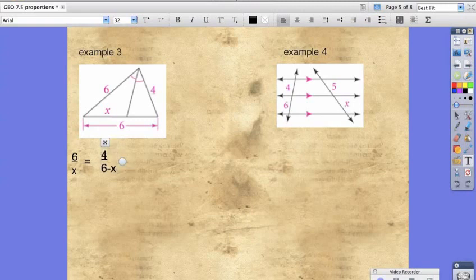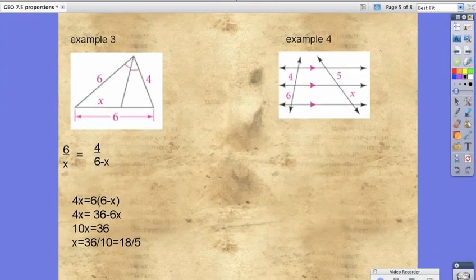Because notice we want just the right side, and the right side is whatever's left over once you subtract x from 6. So we're going to take the cross product again. So 4x is equal to 6 times the quantity 6 minus x. 4x equals 36 minus 6x. We get 10x equals 36, and x equals 36/10, or 18/5.